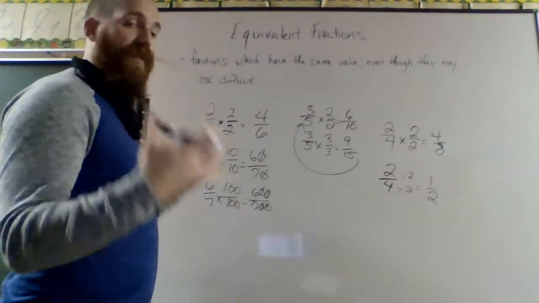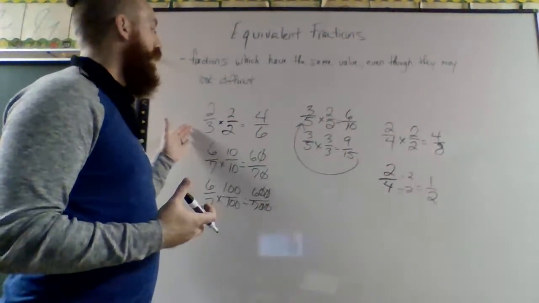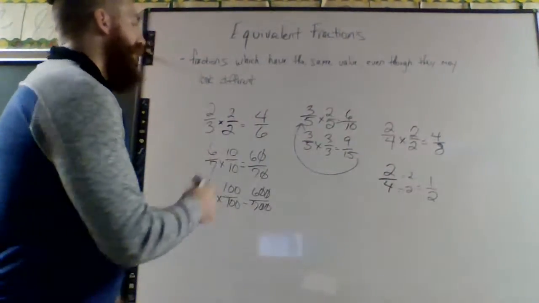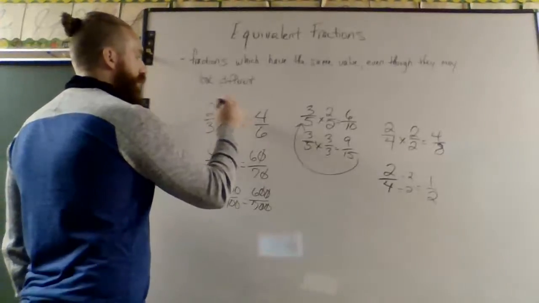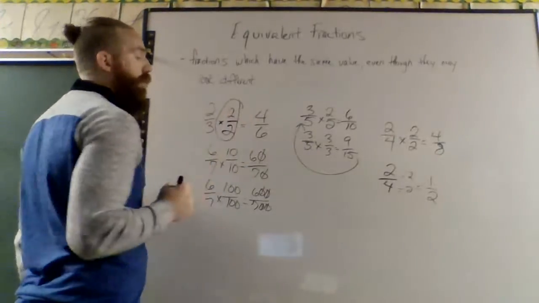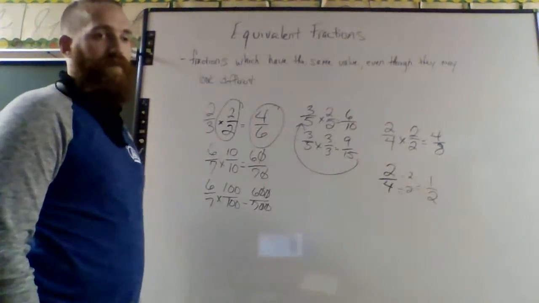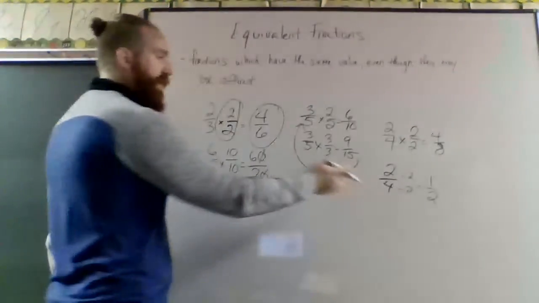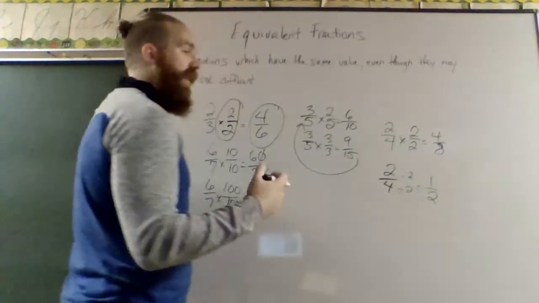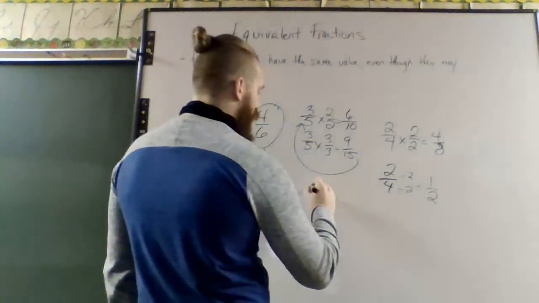Basically, to sum it up, when you are making equivalent fractions, make sure as long as you are multiplying the numerator and the denominator by the same number, your answer is going to be an equivalent fraction. Okay? And when you get ones like this that you can reduce, then you can reduce them as well. Let's do one more that you can reduce.